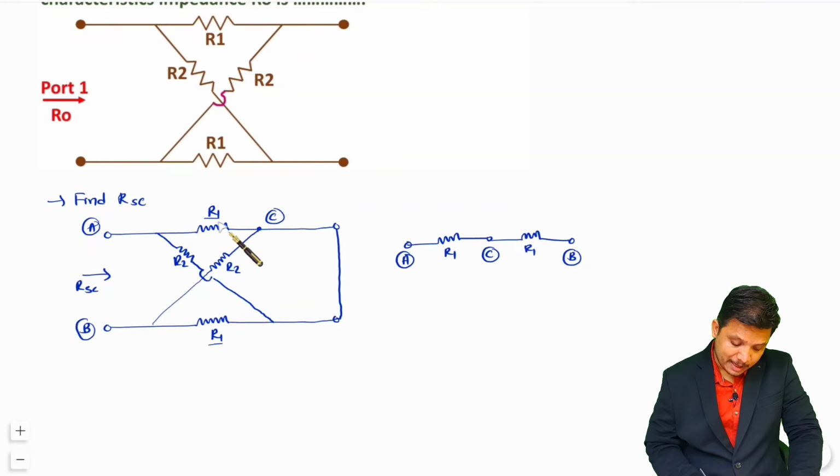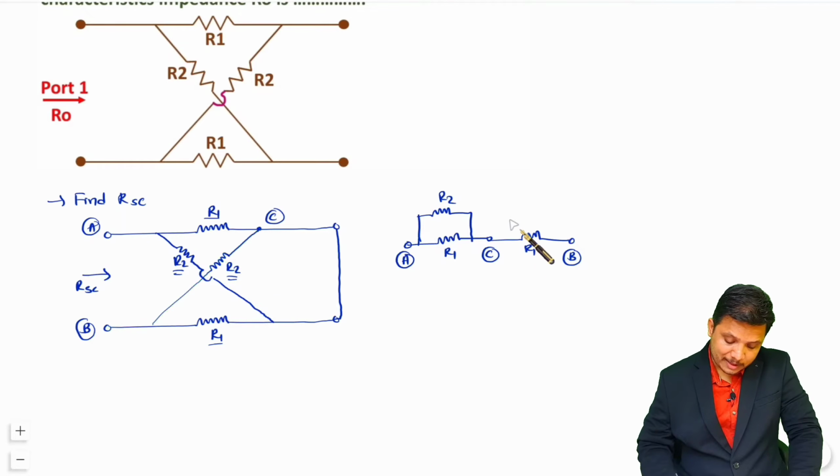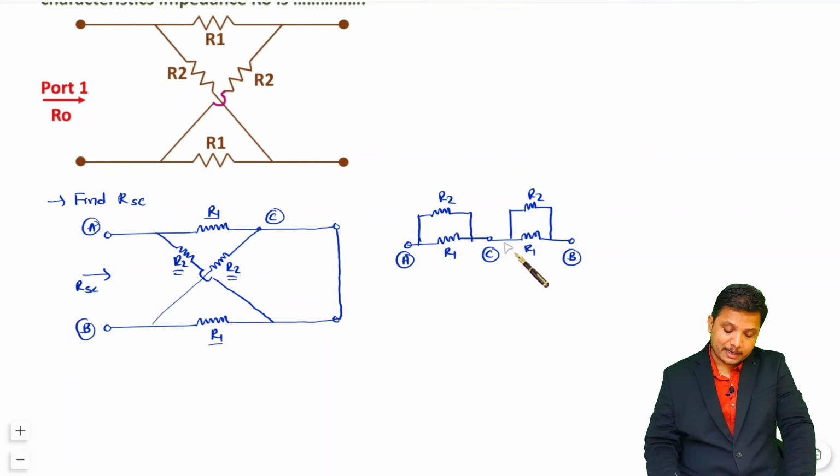So in between A and C this R2 is there. So let me connect R2 over here, in between A and C. Now if you see this R2 that is there in between B and C, right? So I can draw this R2 in between B and C.